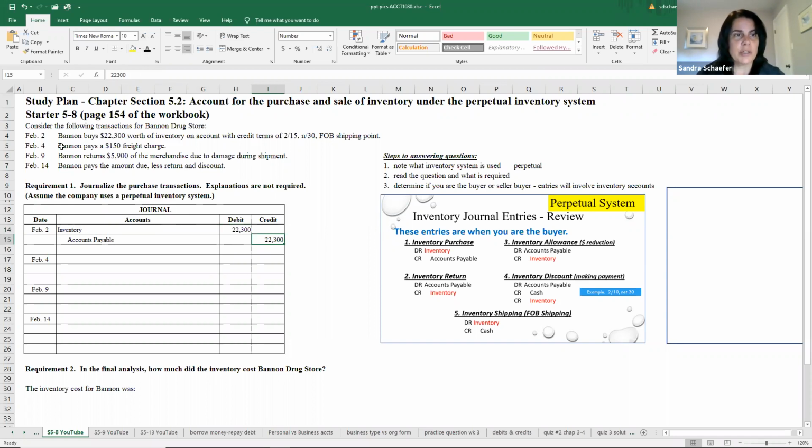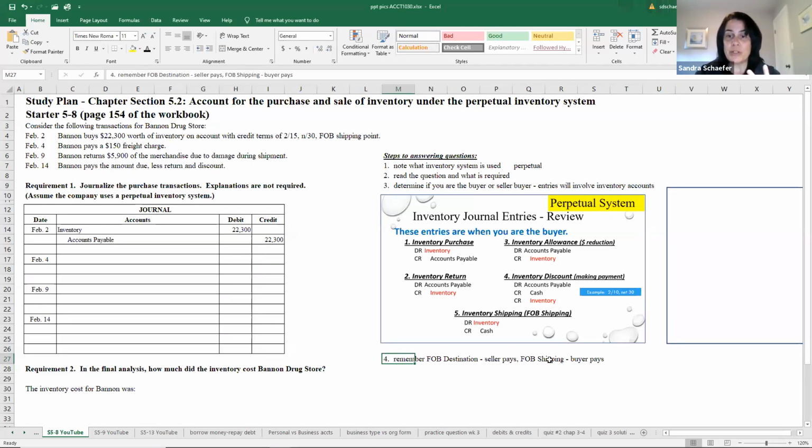The next transaction is where Bannon is paying $150 freight charge. Now, in this first transaction, they say that the FOB is FOB shipping point. One thing to keep in mind when you're talking about freight or about shipping transactions is FOB destination means that the seller is going to pay, and FOB shipping means that the buyer pays.